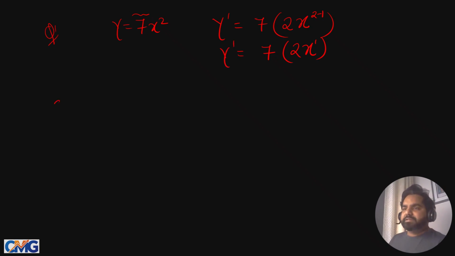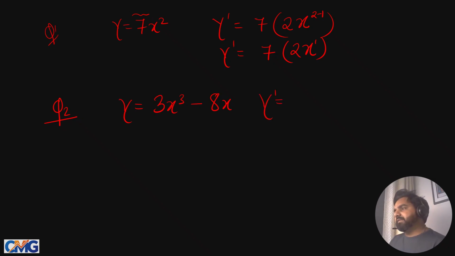The next one is, if you want to differentiate this function, let's say y is equal to 3x cube minus 8x. We don't have to do anything with 3. 3 will be as it is, and then we write the differentiation of x cube.